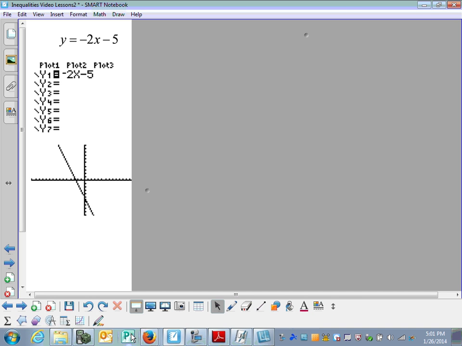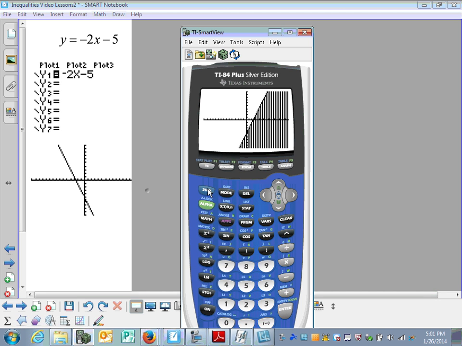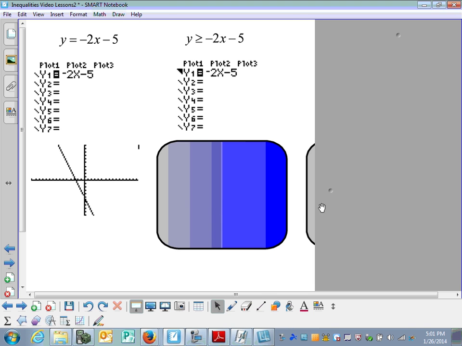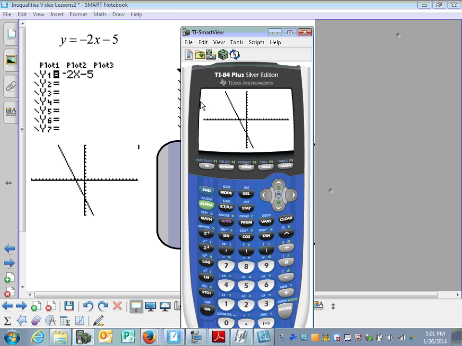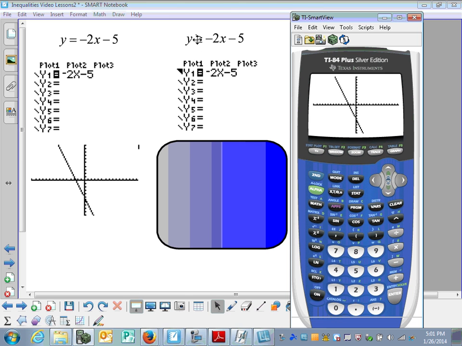So let's go ahead and try it going the other direction here with a negative slope. So let's hit clear and do negative 2x minus 5. And we get our line. And now, let's go back into y equals and do y is greater than. Y is greater than, so it should shade above.